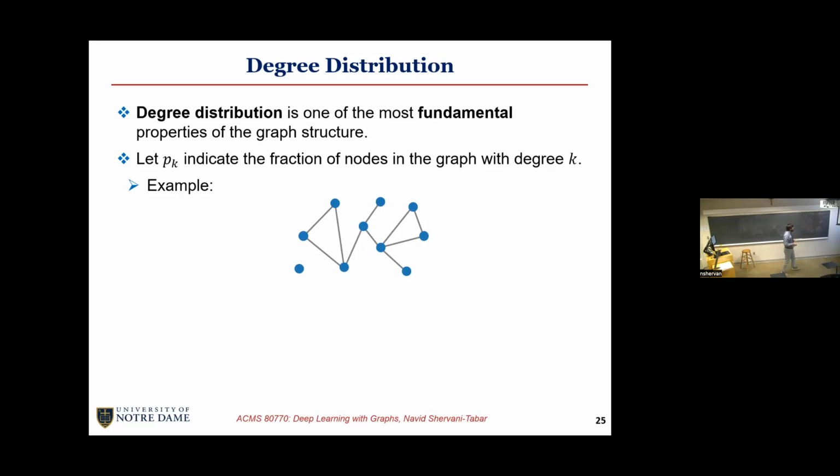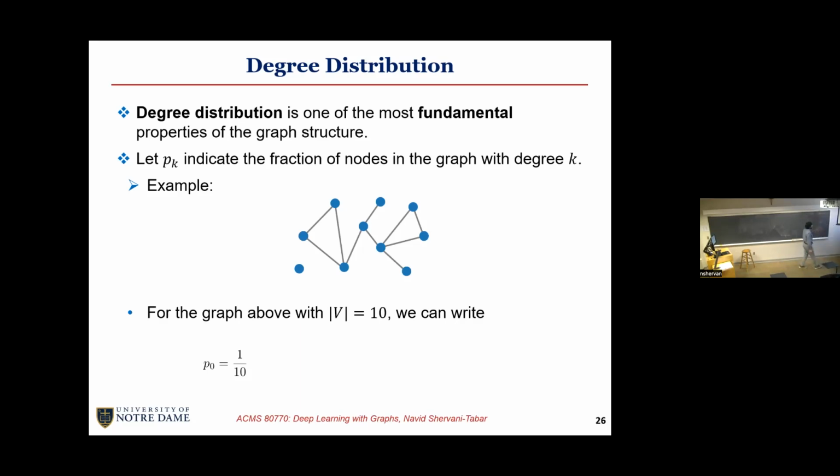So for instance, here I have 10 nodes, and I want to show the fraction of different degrees in this graph. For P0, the fraction of the nodes that have degree 0, we only have a single node that has degree 0. So our fraction is going to be 1/10.